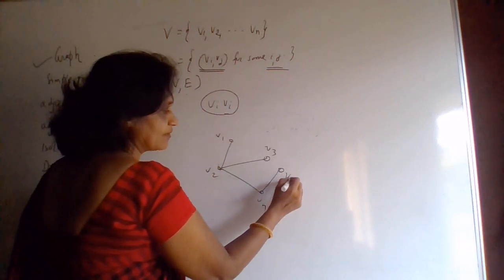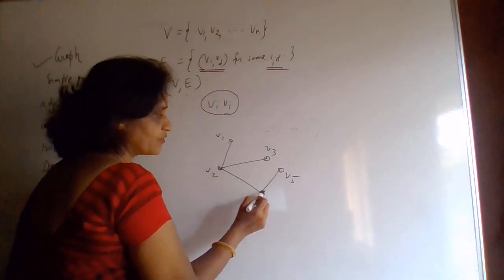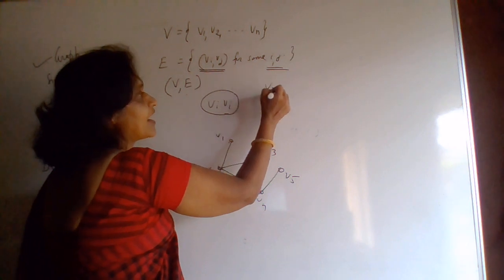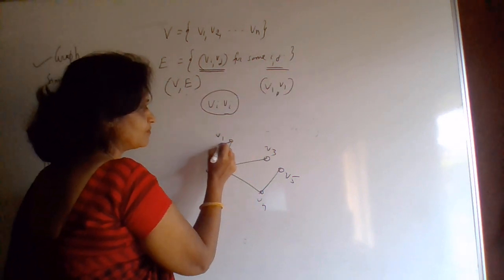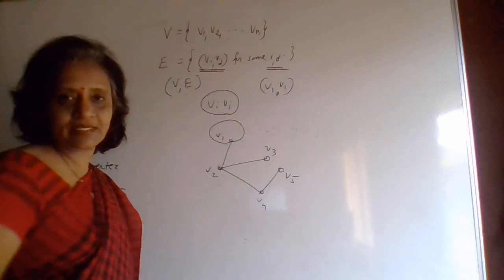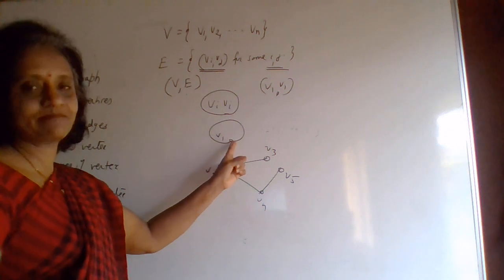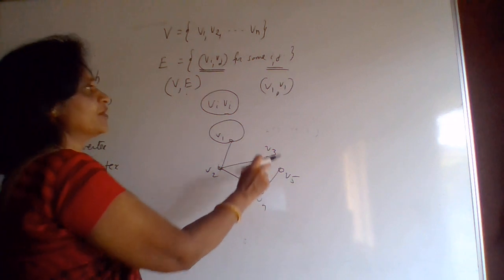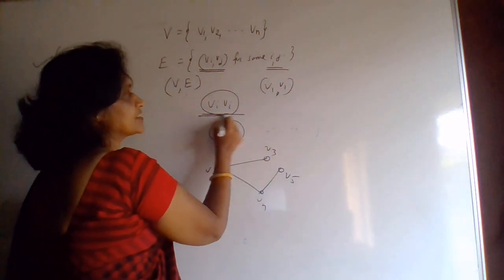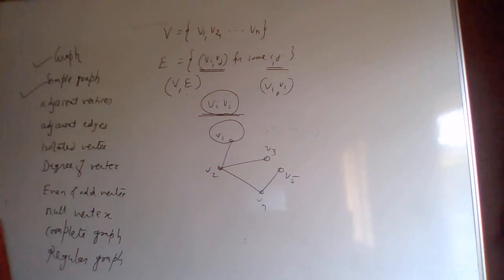Now you know what a graph is. So in this graph, what are our edges? V1V2, V2V3, V2V4, V4V5. If I have V1V1 also, that will be shown in this way. This kind of graph is not a simple graph. So a simple graph means a graph where we don't have an edge of the type ViVi. That is called a simple graph. That is the meaning of simple graph.